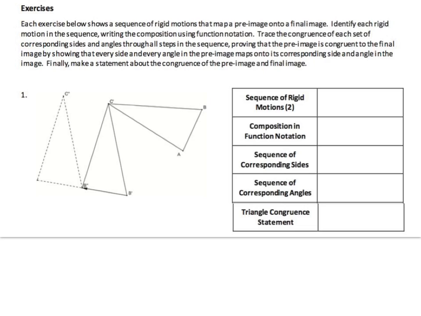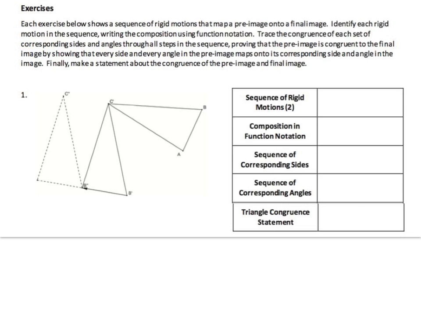Trace the congruence of each set of corresponding sides and angles through all steps in the sequence, proving that the pre-image is congruent to the final image by showing that every side and every angle in the pre-image maps onto its corresponding side and angle in the image. Finally, make a statement about the congruence of the pre-image and the final image. That's a lot of stuff, and I'm pretty sure I'm not going to be able to fit it in those itty-bitty little boxes.